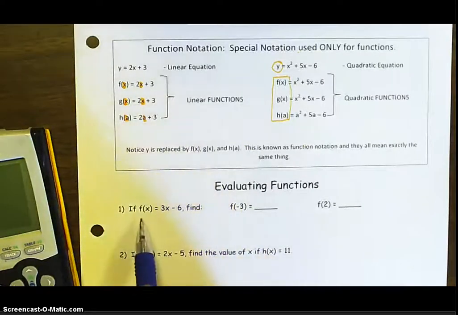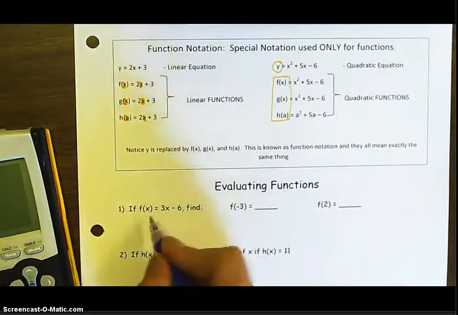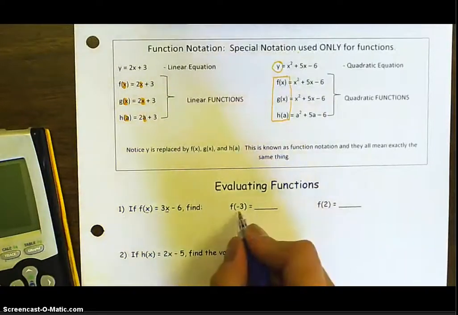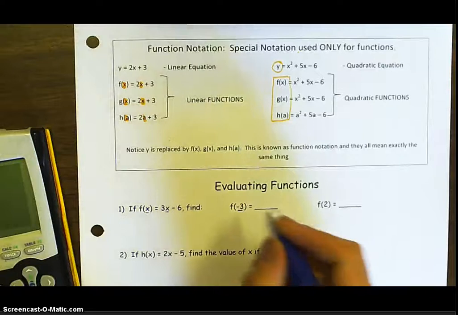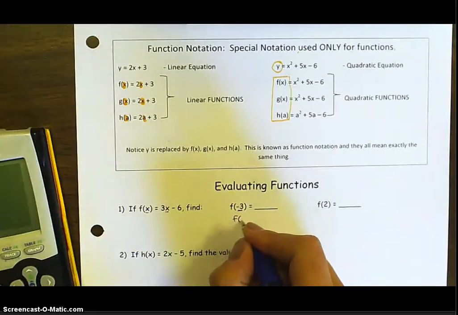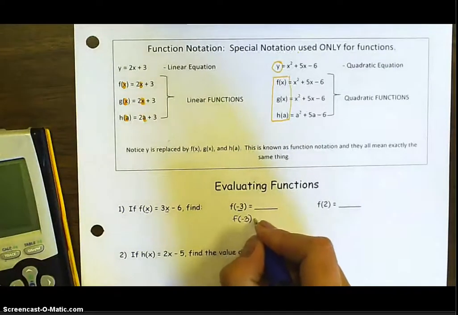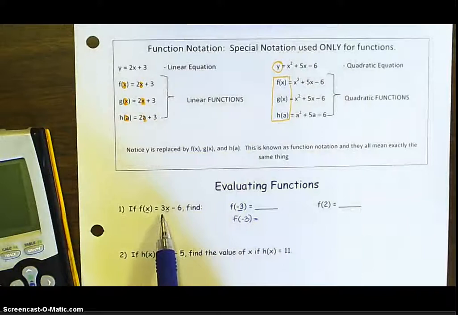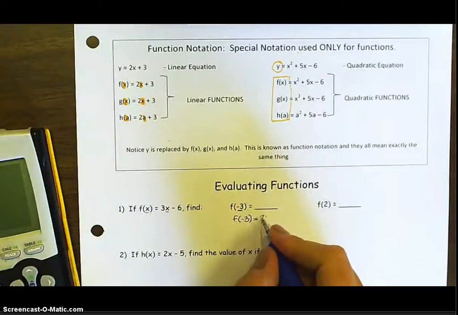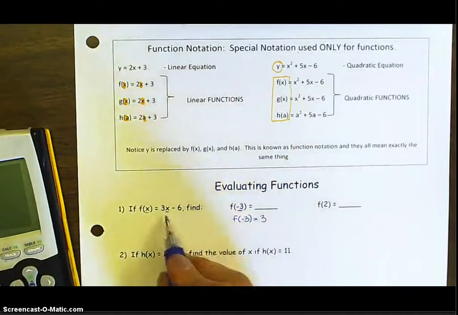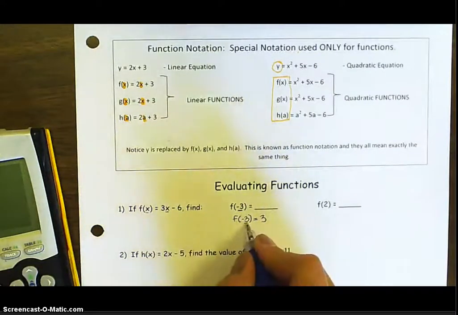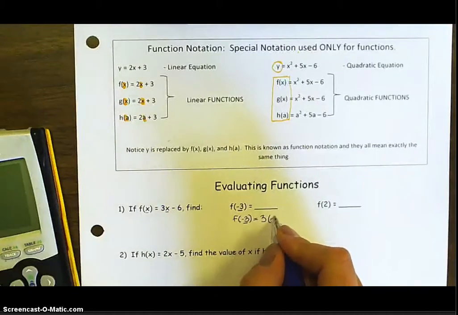If we take a look here at f of x, we notice that this is an x and this is an x. Now, instead of an x, we have a negative 3. So I'm going to come below here. f of negative 3 is equal to, now I'm going to start by writing my equation, 3, but instead of putting an x, I'm going to substitute in a negative 3, and then minus 6.